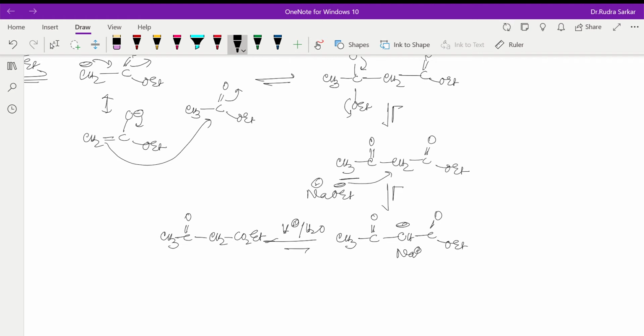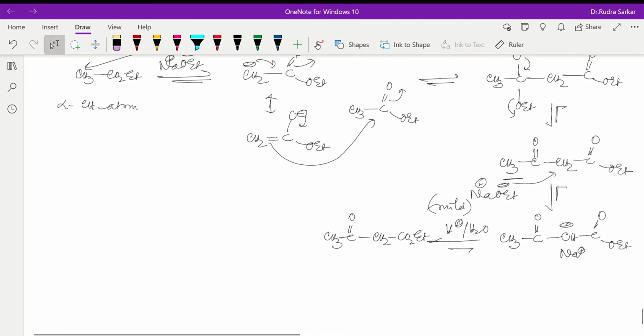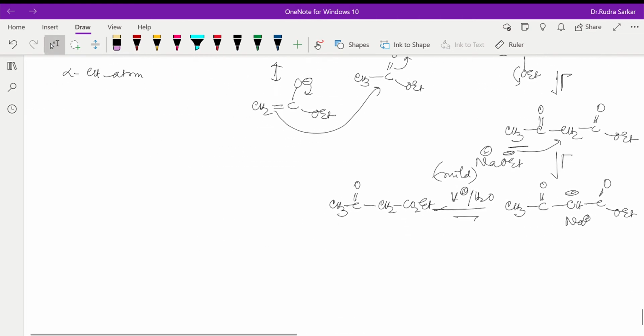Okay, this is mild acid, not enough to cause hydrolysis of the ester, but enough to protonate this thing.